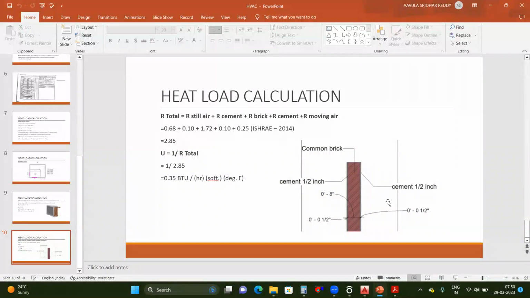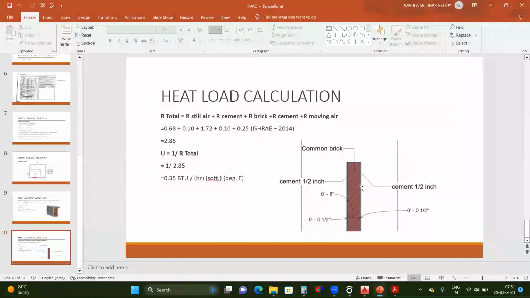Outside we have still air. The air also has some resistivity, and that resistivity we need to take. That is 0.68. And next is R cement, this is the cement value.